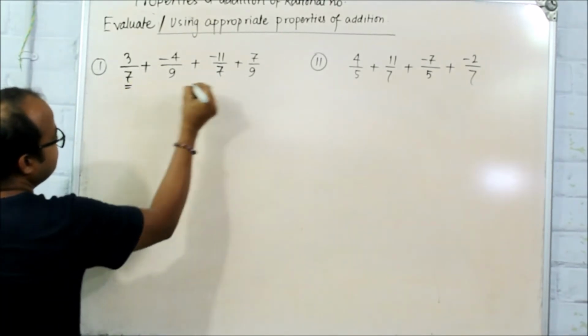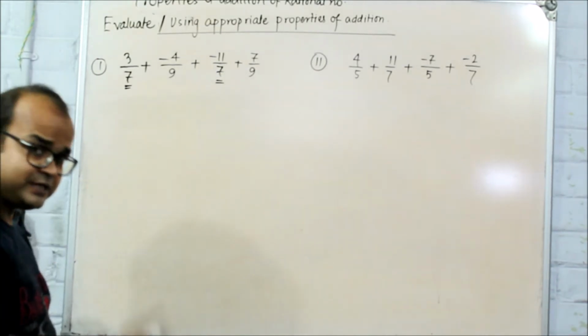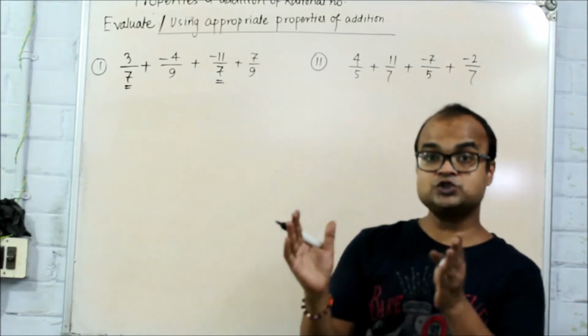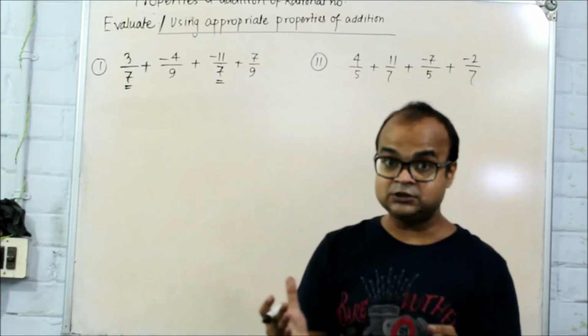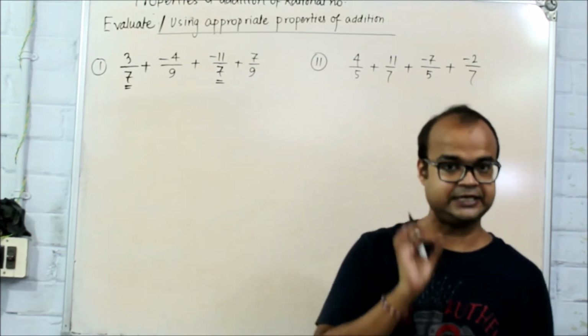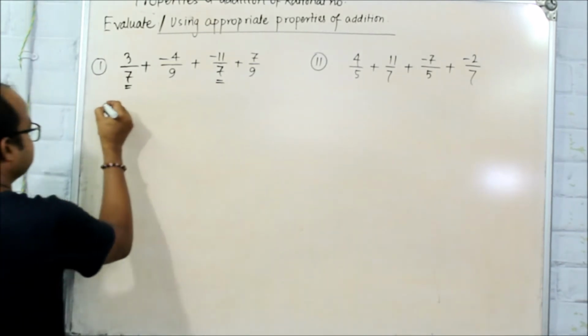Look at this sum. We'll take these two terms together. Basically, we are going to keep those two or more than two terms together where denominators are same. Clear? Reason I'll explain you.